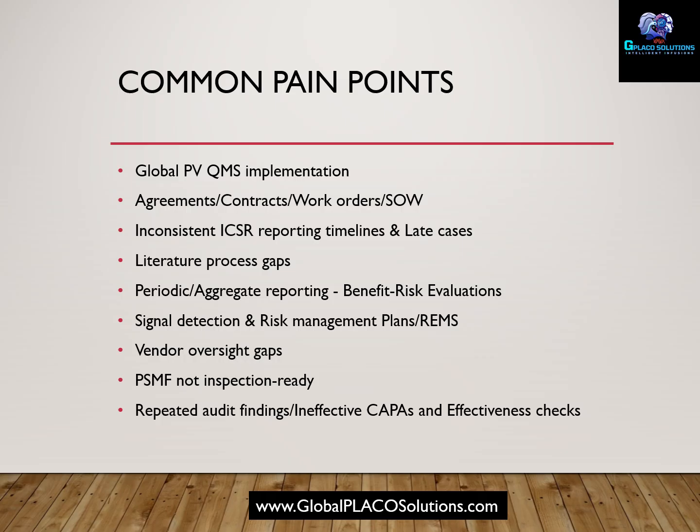Again, common pain points are signal detection, signal management and risk management plans or REMs, vendor oversight gaps, PSMF not inspection ready, and repeated audit findings or ineffective CAPAs and effectiveness checks.